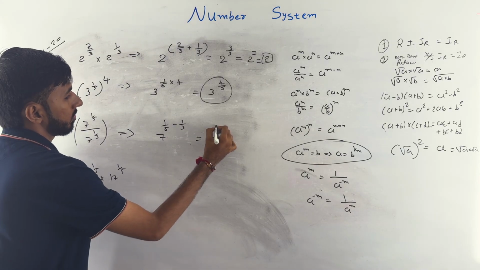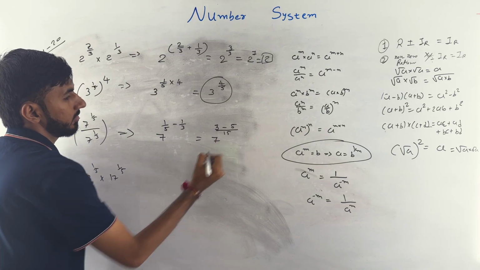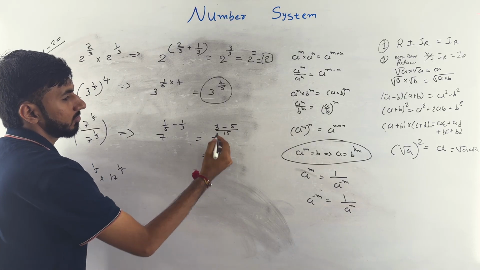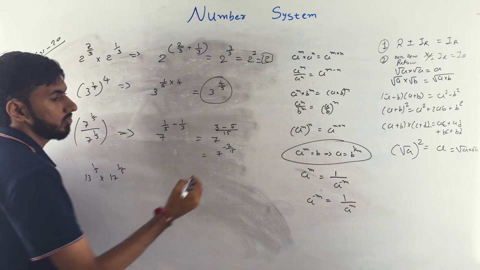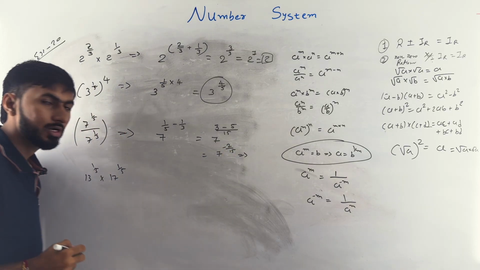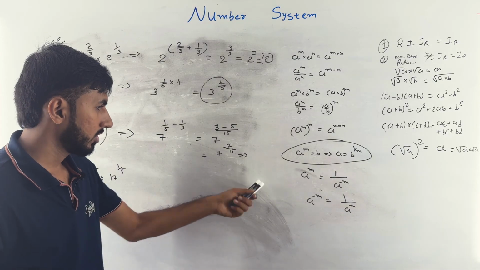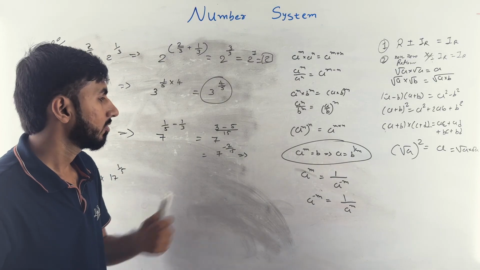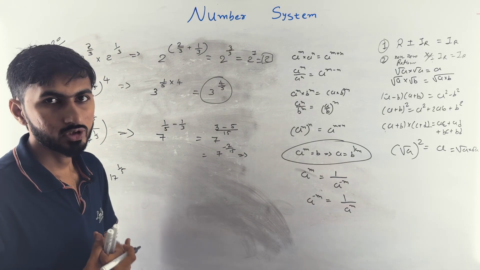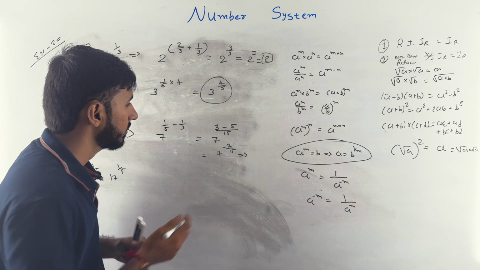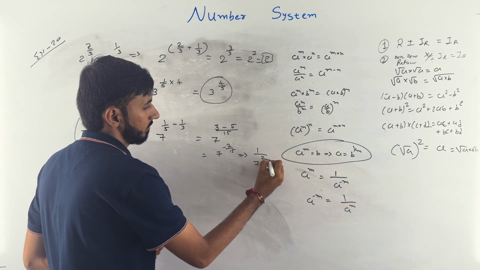So here I have to put 3 minus 5 divided by 15. So my answer will be 7 power minus 2 divided by 15. Now if you want to convert this power to positive, you can put this number in the denominator and the power will automatically become positive, right? So I can simply write it as 1 upon 7 power 2 by 15.